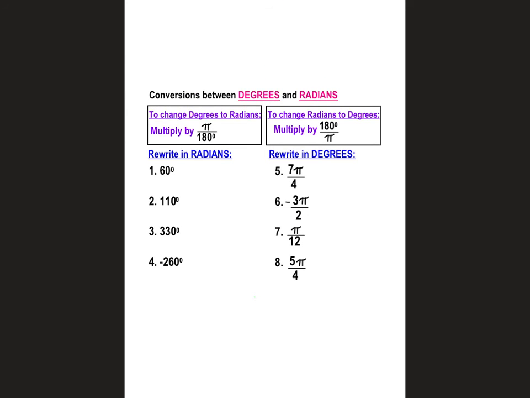Okay, so the last thing I want to show you guys is how to convert between degrees and radians. And this is just how you would convert, like I said earlier, maybe between inches and centimeters, or between feet and miles. You have a conversion factor, you apply it. So our conversion factor has to be something that's equivalent. So we know that 2 pi radians and 360 degrees are equivalent.